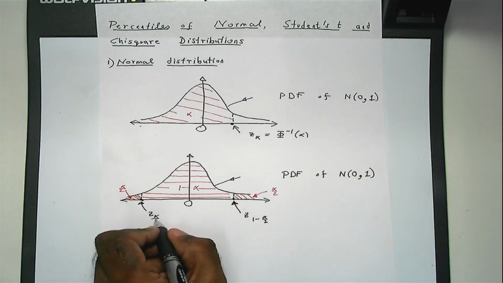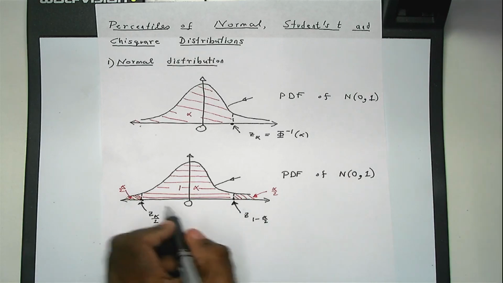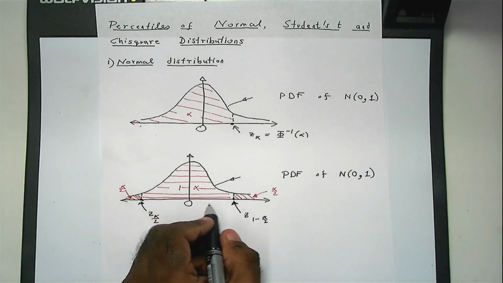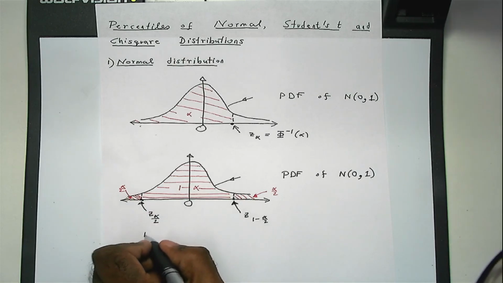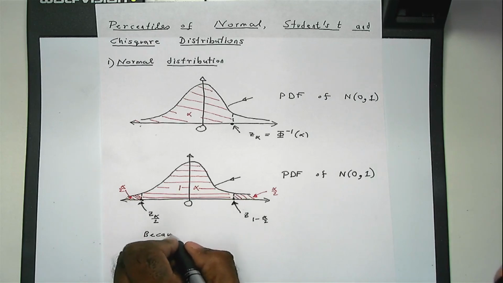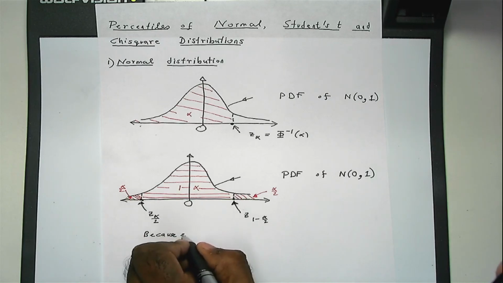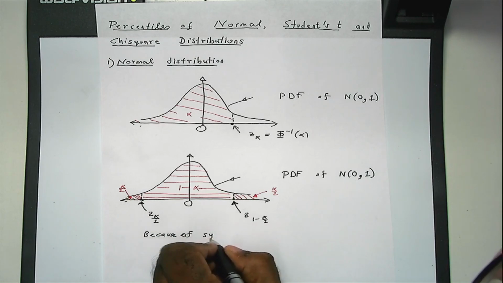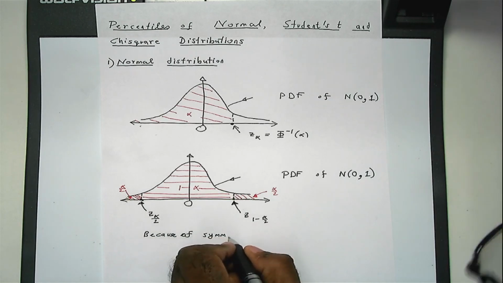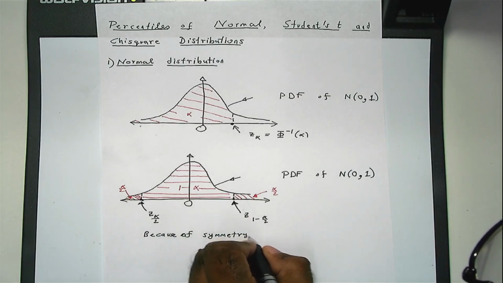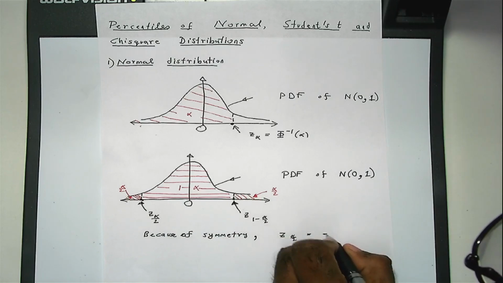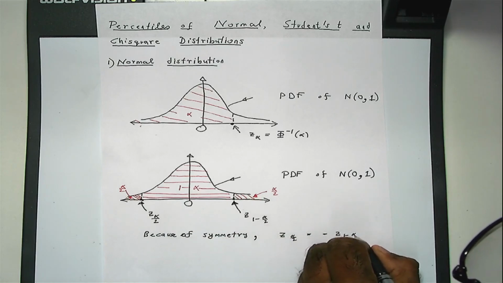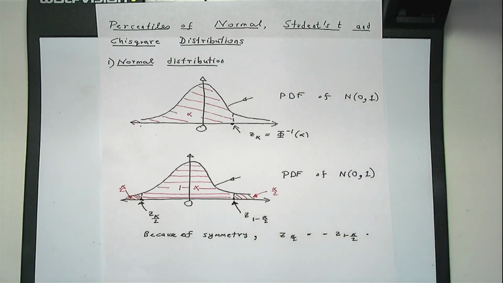And because of mirror symmetry, these 2 points must be equal in magnitude. So because of symmetry, we must have z alpha by 2 equal to minus of this. Right? So what I'm saying is that this is minus of this point, right?